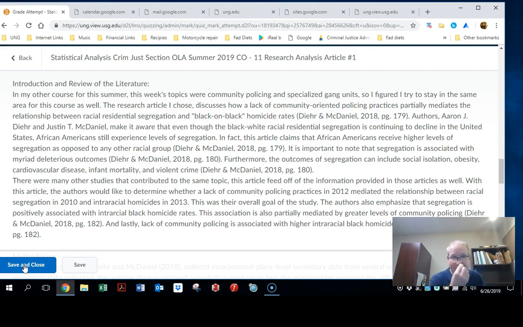Specifically, the variable that they're talking about is community policing. Does community policing somehow mediate, in other words, somehow change the dependent variable when the independent variable is already in play? And there were several other things that they looked at too, in addition to the community policing.